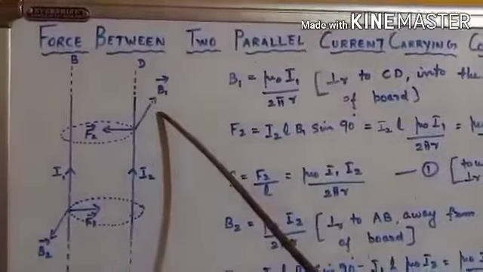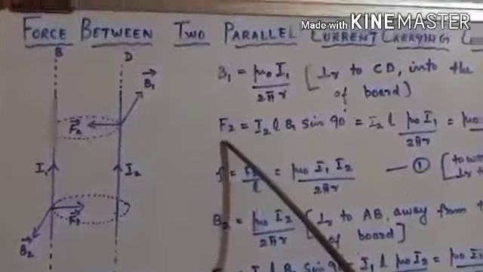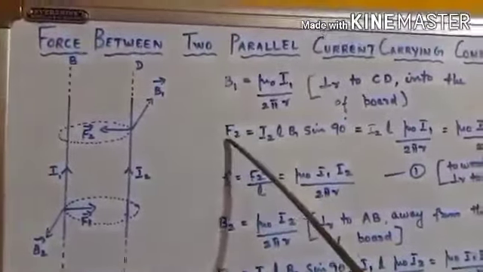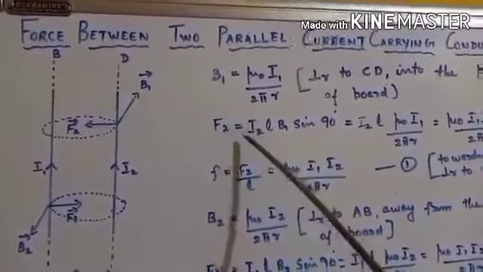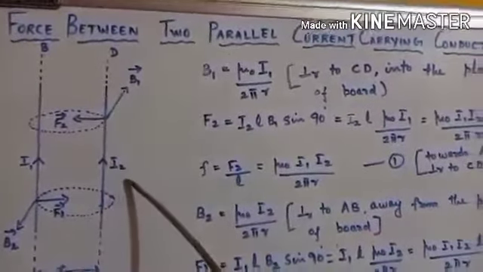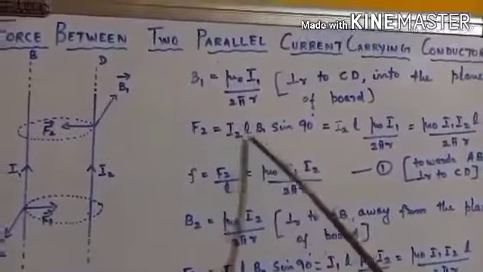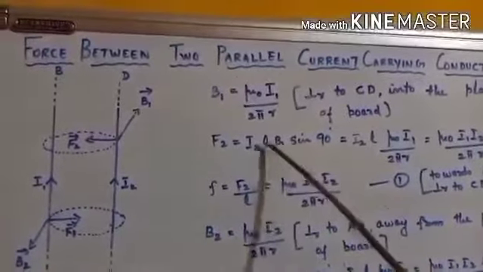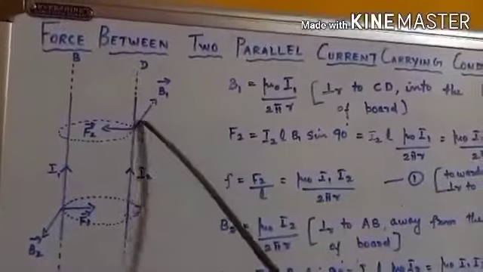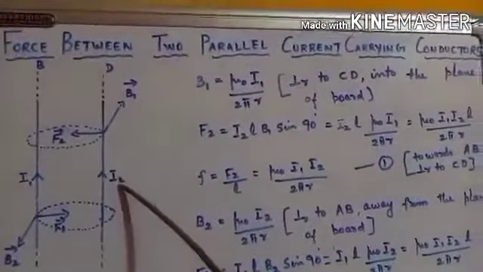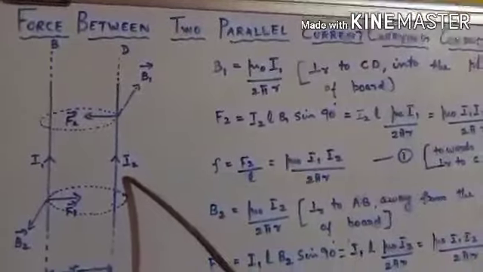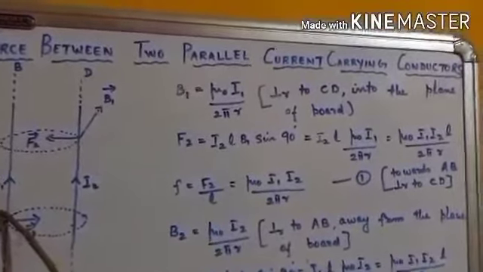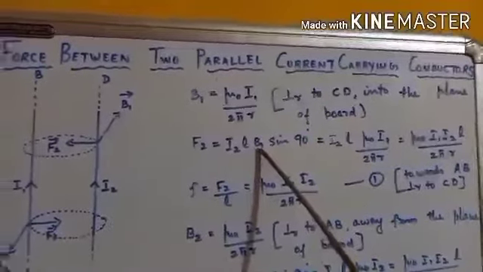If F2 is the force acting on the second conductor CD, we know the expression I L cross B. Since the current in CD is I2, F2 equals I2 L B1 sine theta. Why have I written B1? Because the current carrying conductor CD is kept in the magnetic field produced by the first conductor.